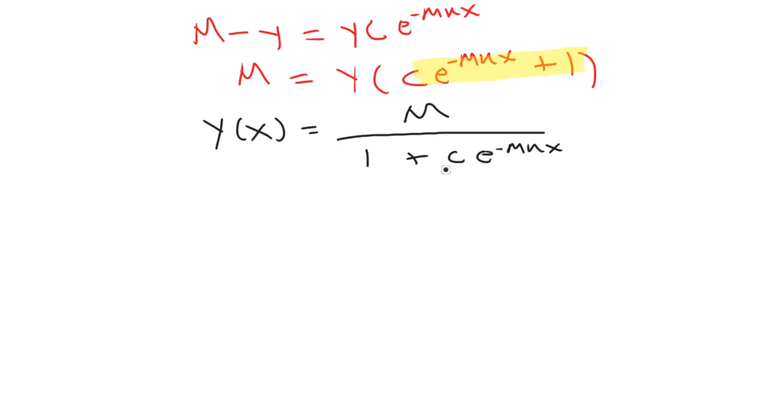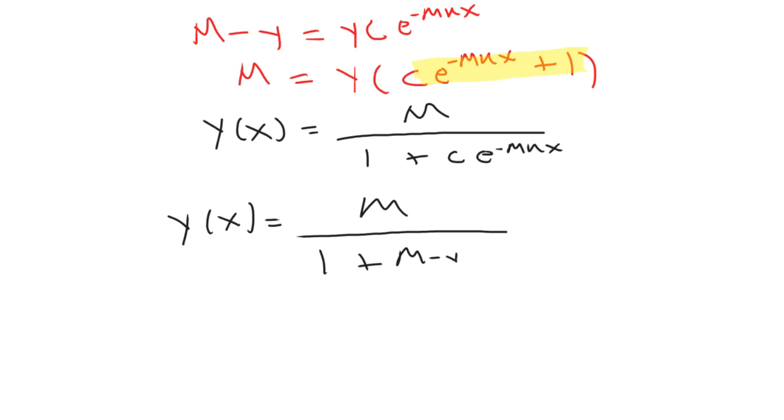If you were going to do that, you would have y of x is equal to m divided by 1 plus, so we're taking the population, subtracting the initial, dividing by the initial, and then you have e to the negative mkt.